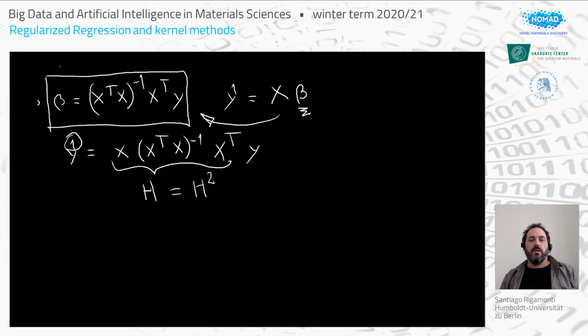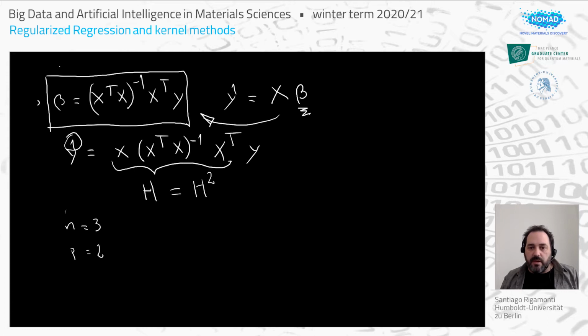So it is a projector, and this brings us to a graphical representation of a linear regression that has to do with a projection. Let's now consider the following case, that we have three samples and two variables.